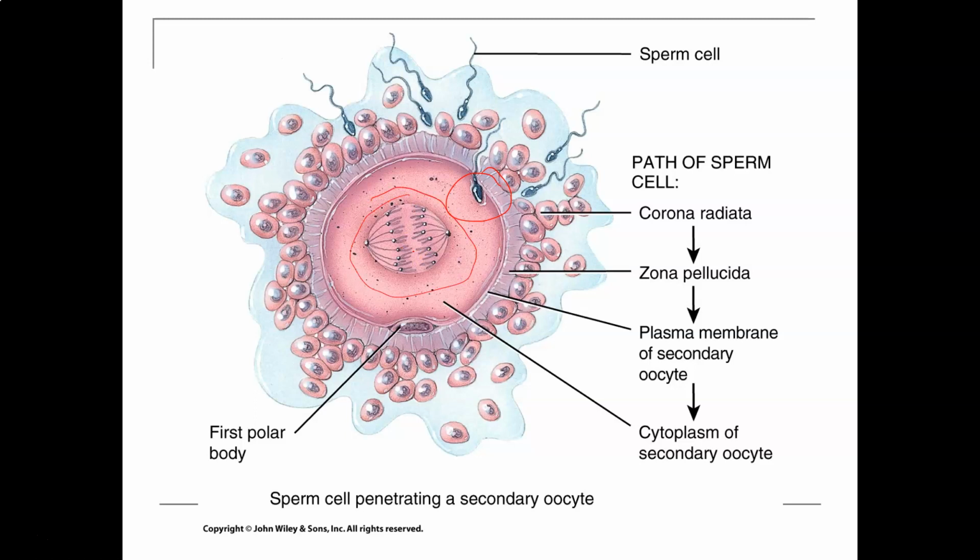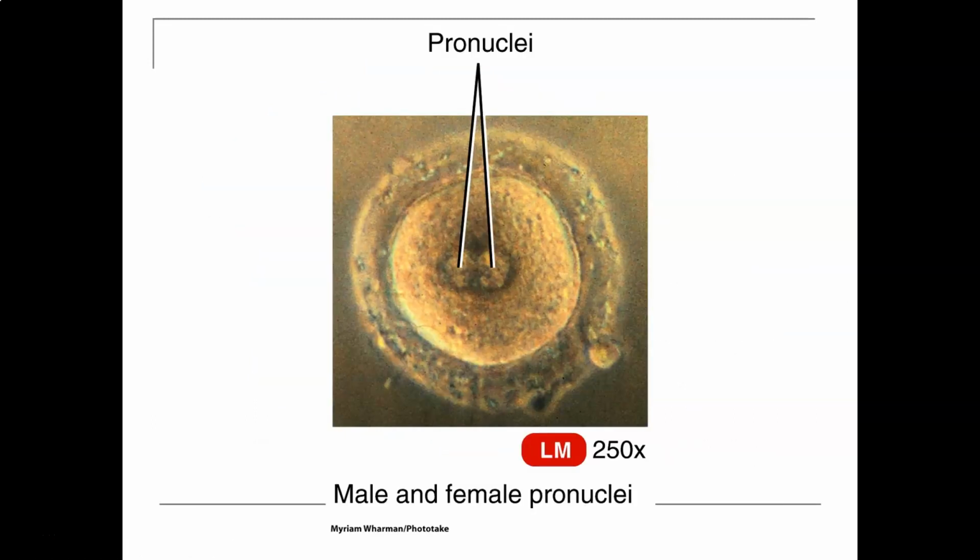Hopefully this looks familiar to you. Remember meiosis. So this looks like anaphase going on here. Okay, so the egg finishes meiosis. The sperm is contributing half of the chromosomes, and here we see the very, very early zygote, the fertilized egg cell, where for a brief period of time there's actually two, they call them pronuclei.